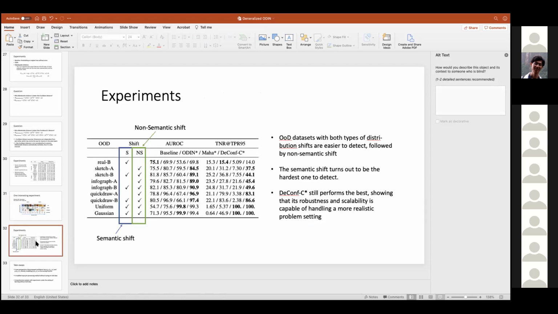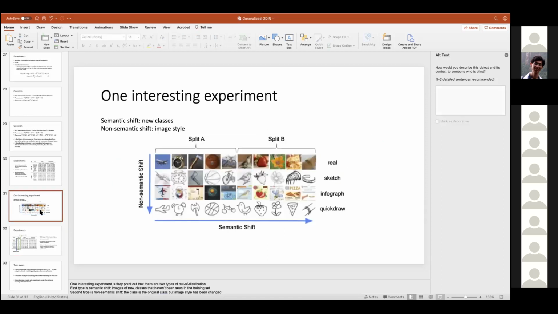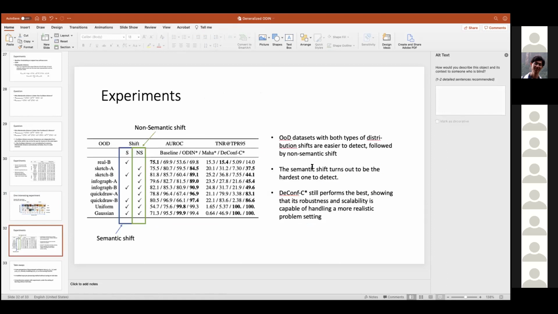Supposed to be. Actually, they find that semantic shift turns out to be the hardest one to detect. So non-semantic shift seems to be okay. If the dataset has both types, that means both semantic shift and non-semantic shift, then these are easier to detect. Let me look at the quickdraw.